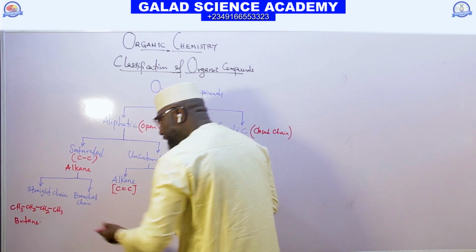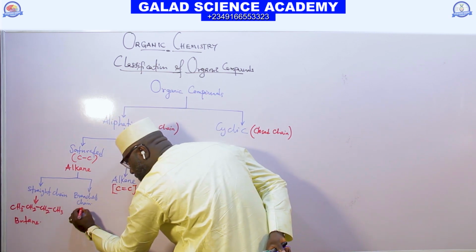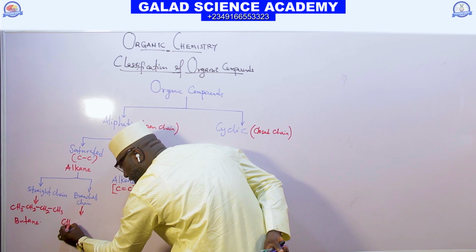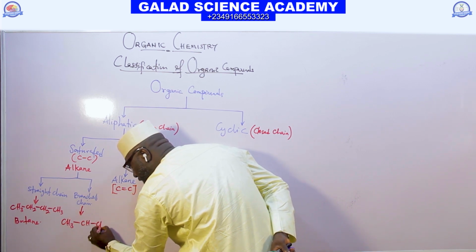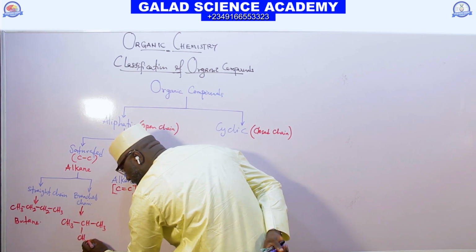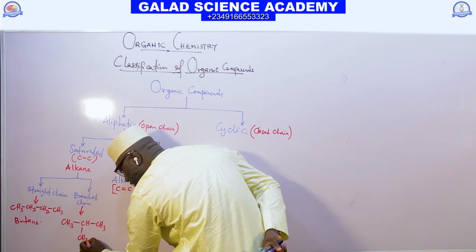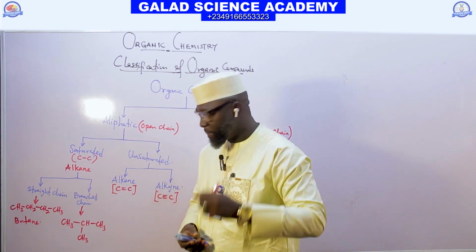Let's check it. This is the example of this. The branch chain is to be CH3, CH, CH3, and CH3. Let's check this compound.